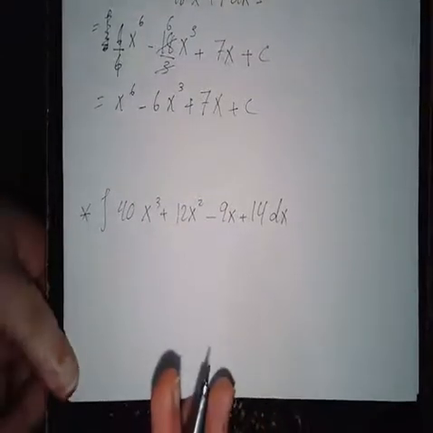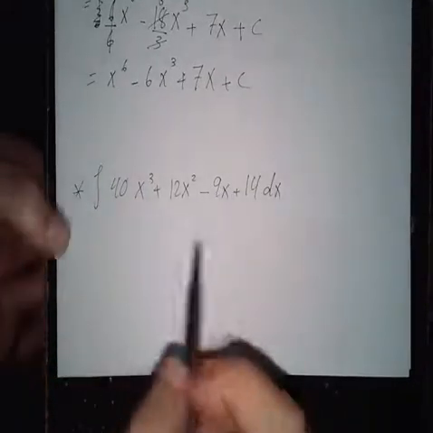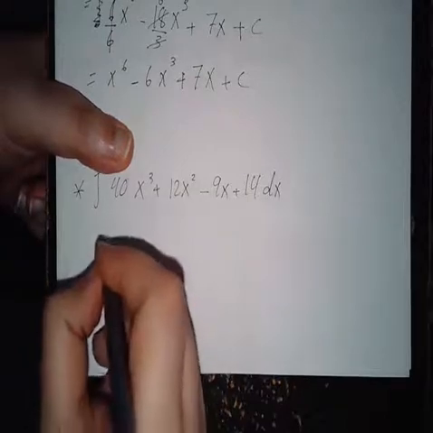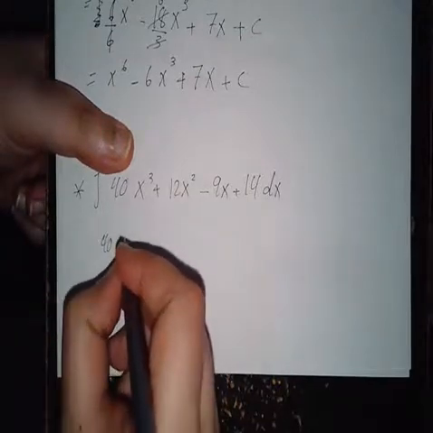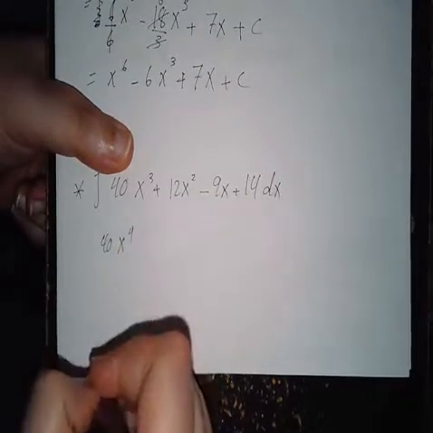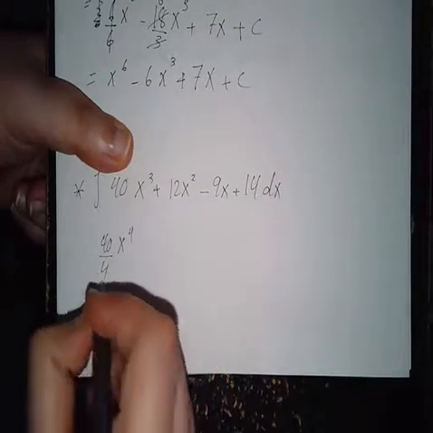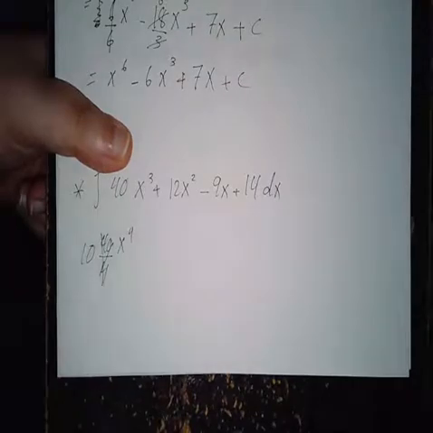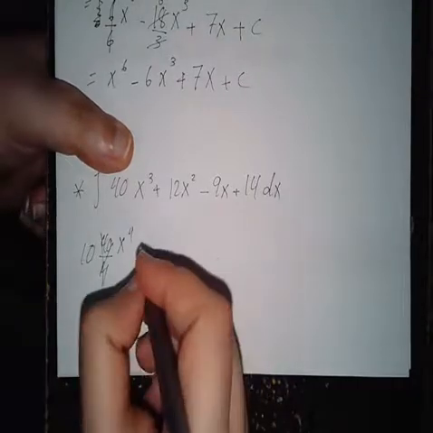Okay, here we go. So let's start one at a time. Over here we have 40 times x to the third. So it's going to be what? 40 is the same, x to the fourth, since we're adding 1, and then we're dividing by 4. So 40 over 4, this cancels out, and you end up with 10. So it's 10 x to the fourth, right?